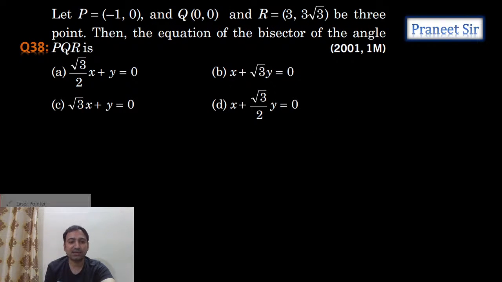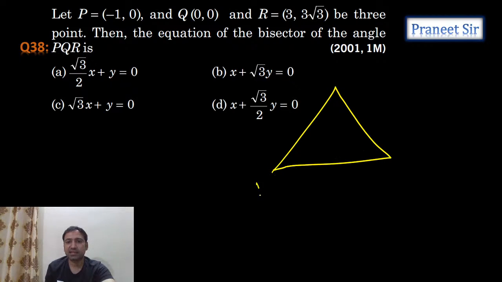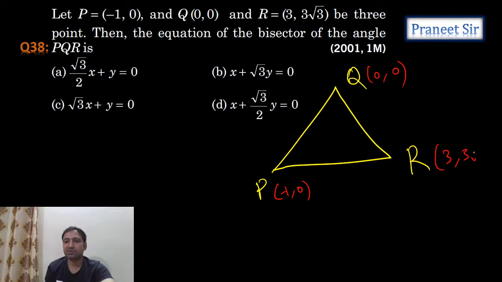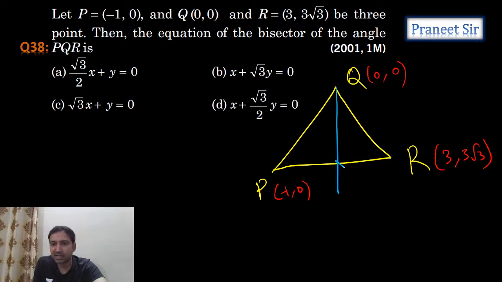So let's take a triangle PQR, and the points are given as minus 1 comma 0, 0 comma 0, and 3 comma 3 root 3. We need to calculate the angular bisector of PQR. So let's say it is intersecting at D.